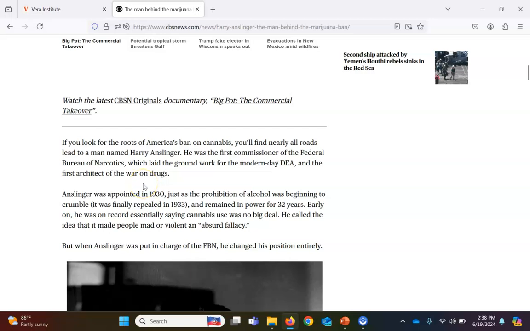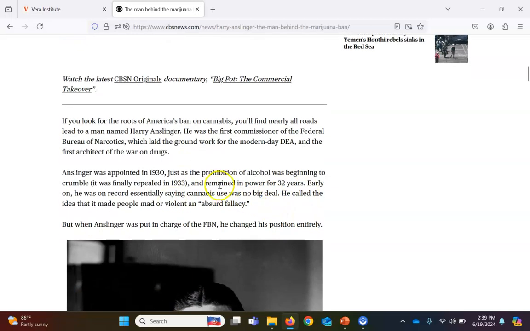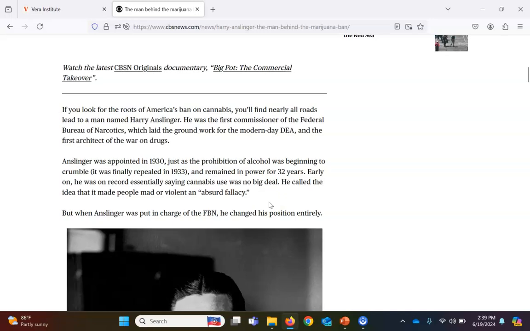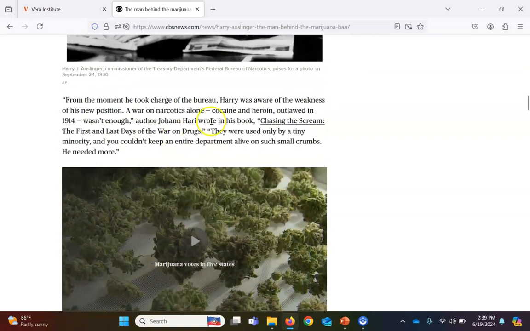He was appointed in 1930, just as the prohibition of alcohol was beginning to crumble, and he remained in power for 32 years. Early on, he was on record essentially saying cannabis use was no big deal. He called the idea that it made people mad or violent an absurd fallacy. But when he was put in charge of the FBN, he changed his position.